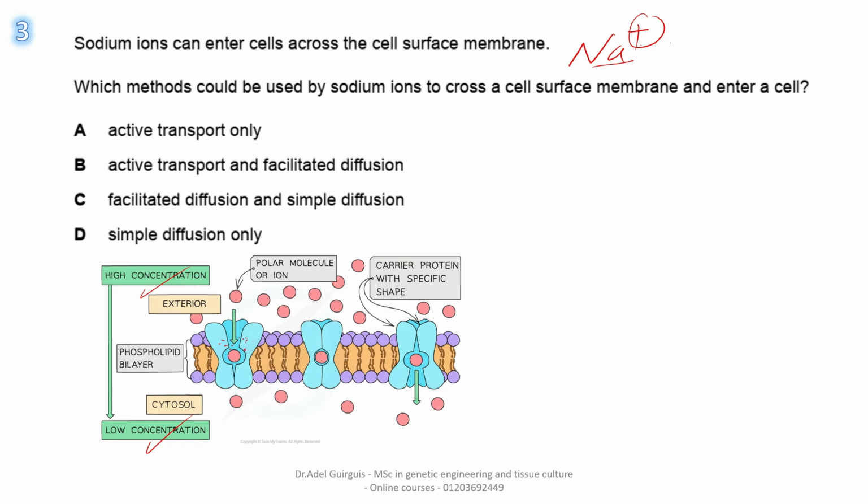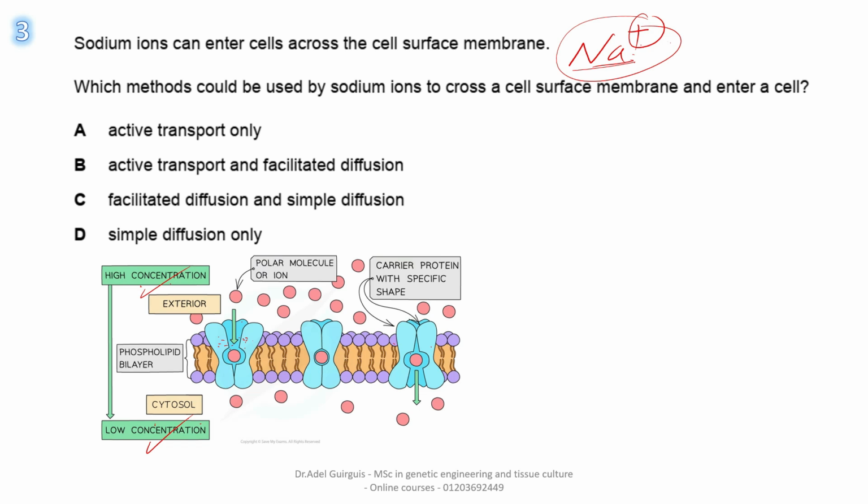So it obeys the diffusion principle, from high to low, down the concentration gradient across the membrane by the help of this channel protein or carrier protein with a specific shape that fits the sodium ion shape. So this is called facilitated diffusion. This is the first method to allow sodium to pass through.